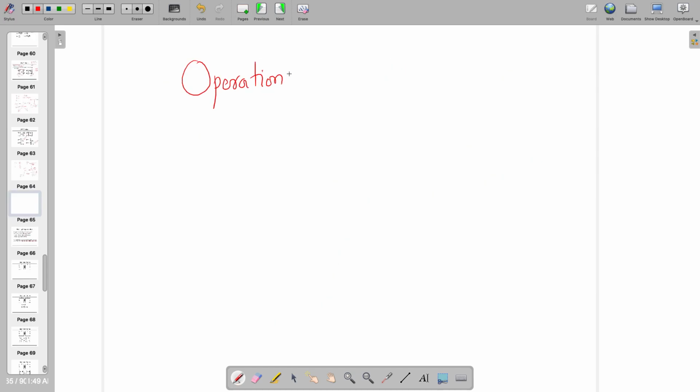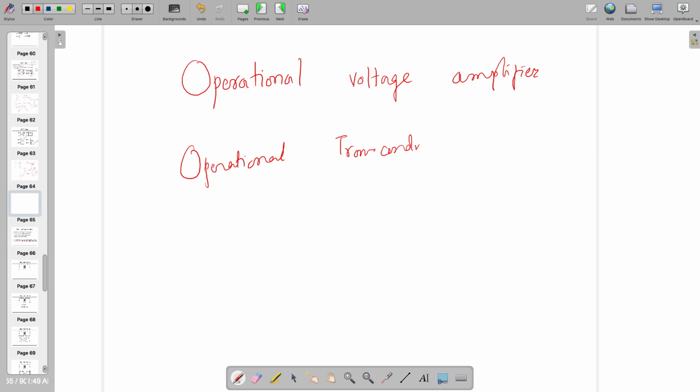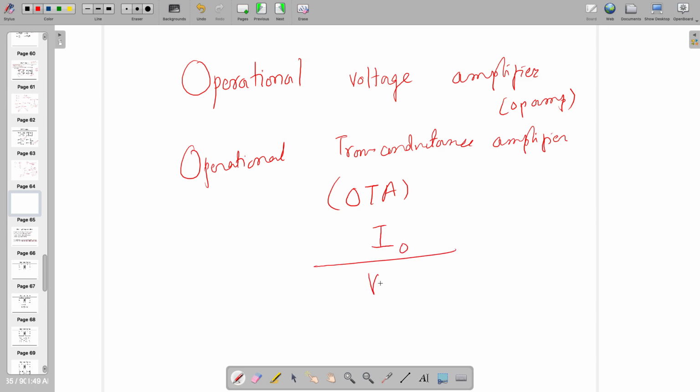One is called operational voltage amplifier, which you have studied till now, and one is called operational transconductance amplifier, which is also known as OTA, and this is known as op amp, where OTA has output as current and voltage as input. So this is also a transfer function if you are interested in OTA, right?